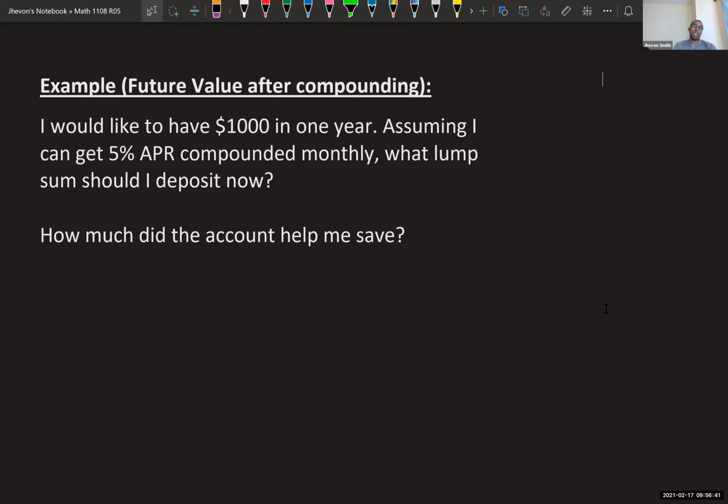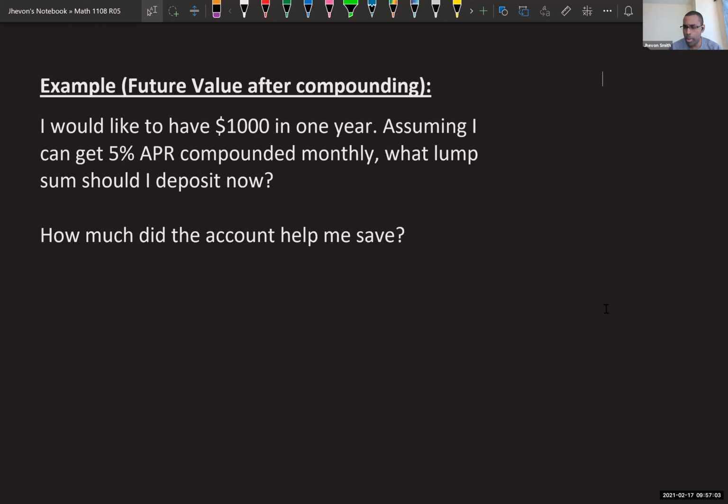Yeah, so here's the idea. I want $1,000 1 year from now, okay? 1 year, right? So we're not 18 years down the road or anything like that. Let's say I have an account that's going to give me 5% interest compounded monthly. What lump sum do I need to deposit now in order for it to grow to $1,000 in 1 year?